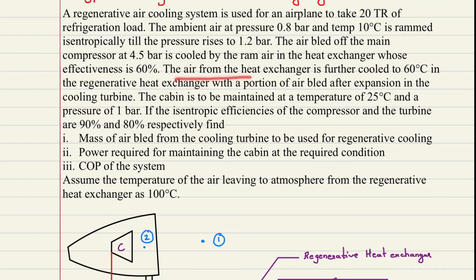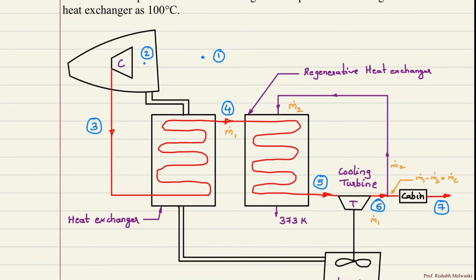The air from the heat exchanger is further cooled to 60 degrees Celsius in the regenerative heat exchanger with a portion of bled air after expansion in the cooling turbine. So after expansion in the cooling turbine there is a diversion, okay, and this air enters the regenerative heat exchanger. That same thing is given.